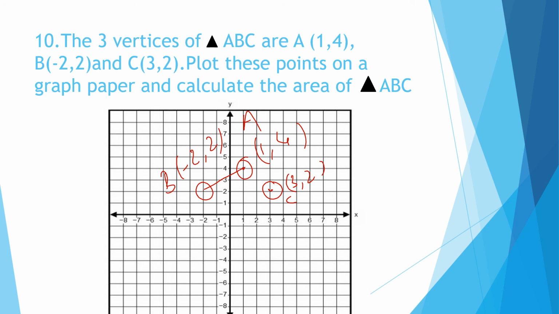Join all the three, it forms a triangle. This is your respective triangle.